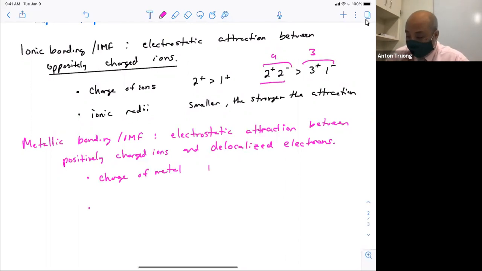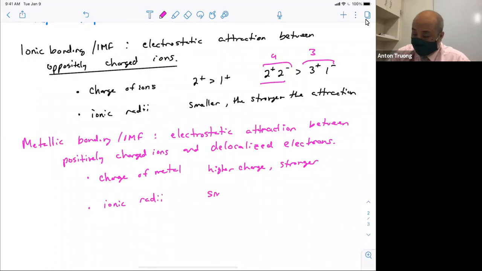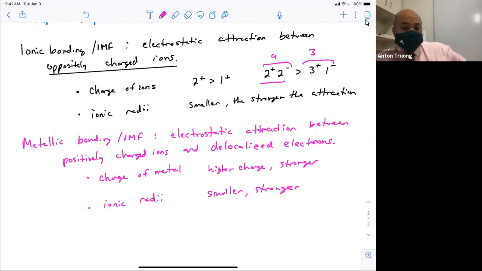So the higher the charge, the stronger the bonding. And then if they have the same charge, then you go by ionic radii. The smaller it is, the stronger it is.